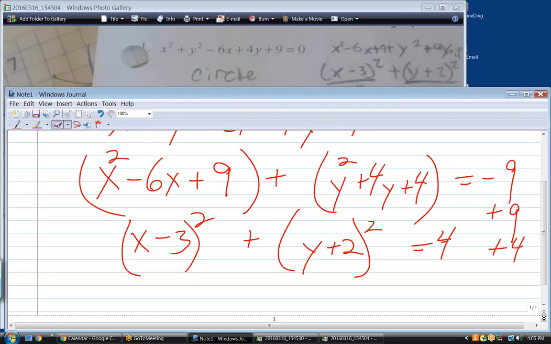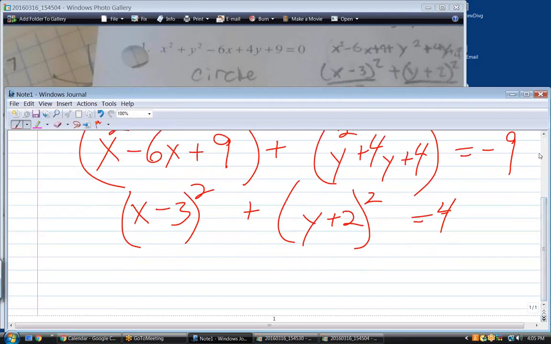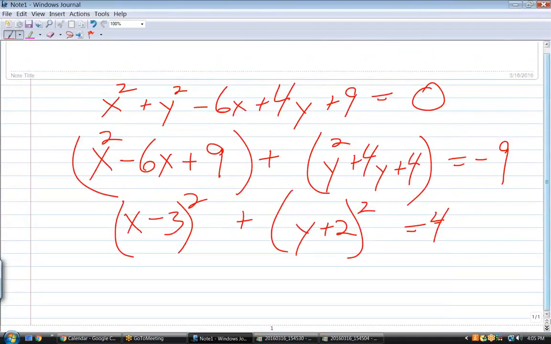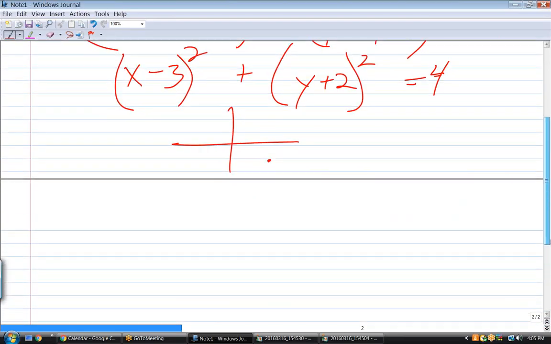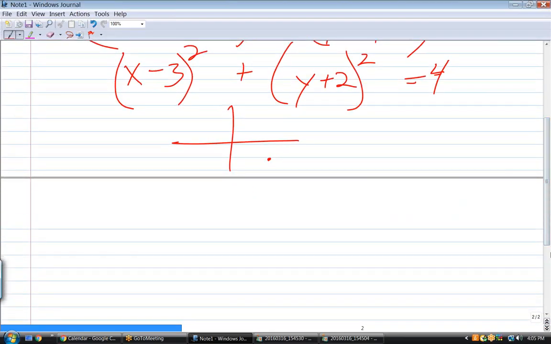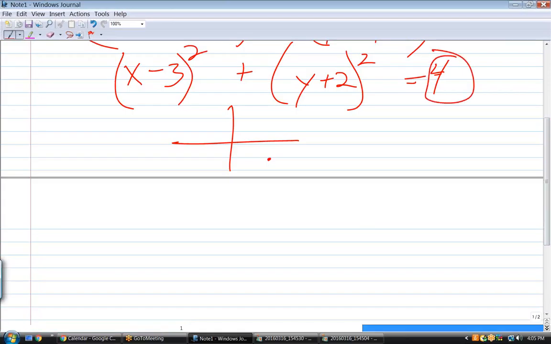So now, since I know it's the equation of a circle, I can graph it. Where's the center? 3, -2. Right there. What's its radius? That's the radius squared.